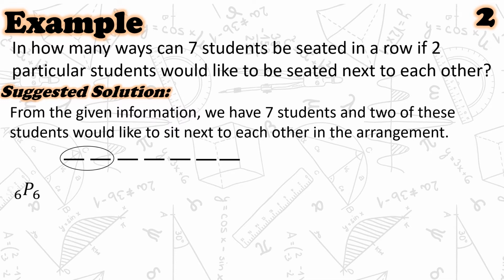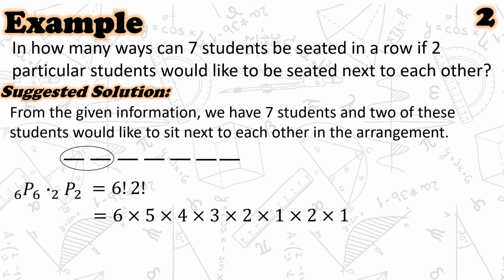So we have 6P6. The 2 students who are always together may still interchange positions, so that will be 2P2, and by the multiplication principle, we multiply 6P6 by 2P2. Hence, we have 6 factorial times 2 factorial.